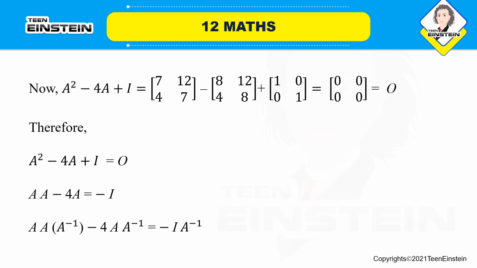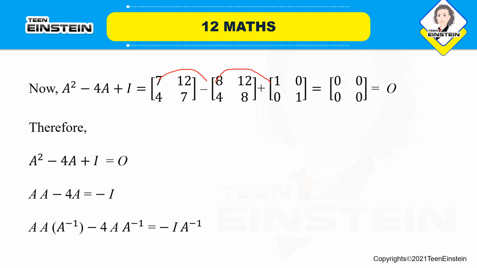So substitute everything in the matrix equation. This is the value of A square, minus this is the value of 4A. I have multiplied the given matrix A with the element 4. So what you are getting is 8, 12, 4, 8, plus the identity matrix of order 2, which is 1, 0, 0, 1. Now verify: 7 minus 8 is minus 1, minus 1 plus 1 gives you 0.